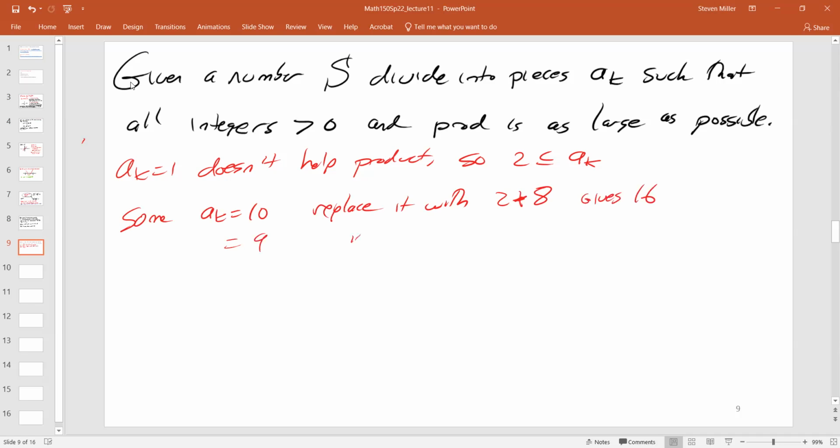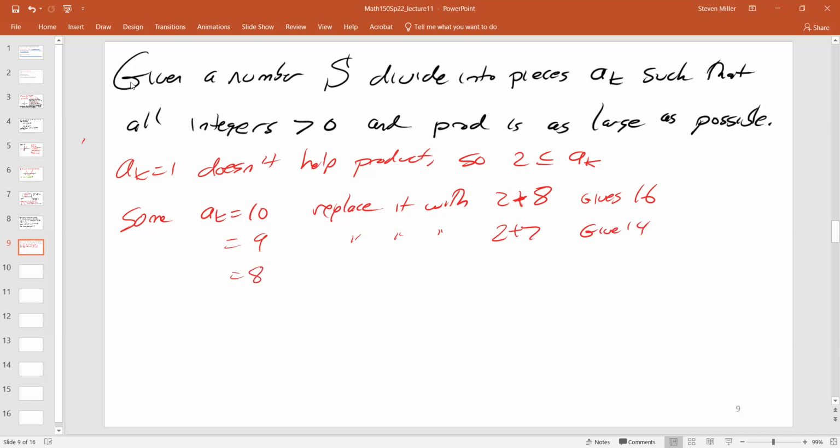What could I replace it with? What could I replace 9 with that has a better product? 2 plus 7.